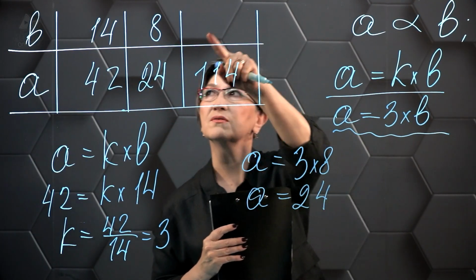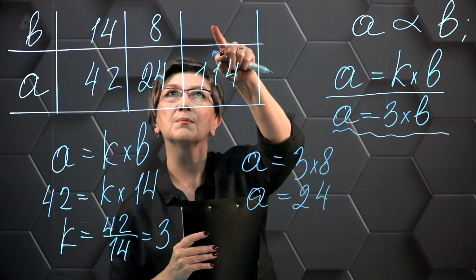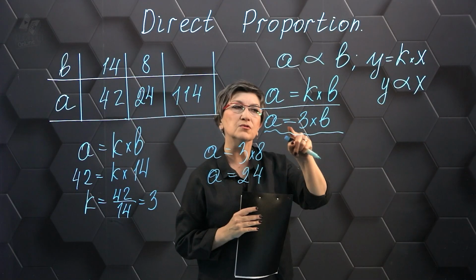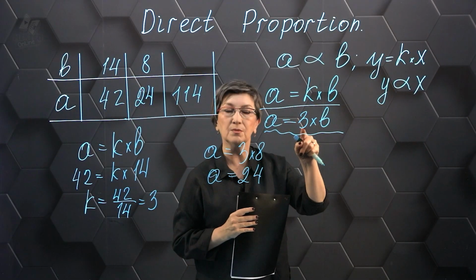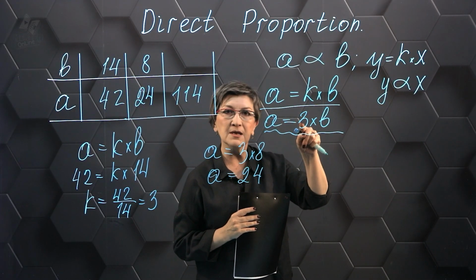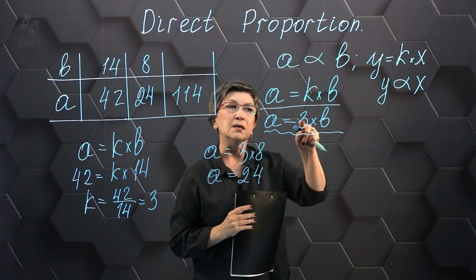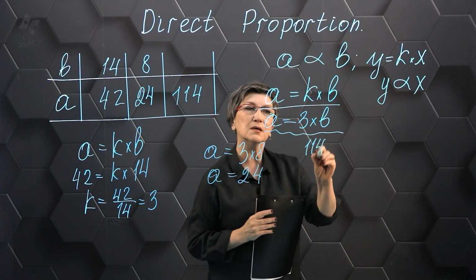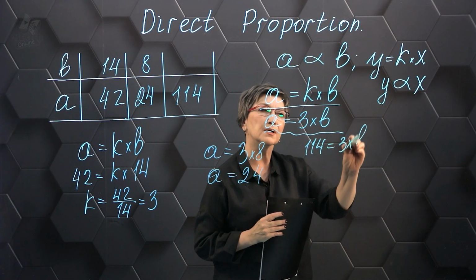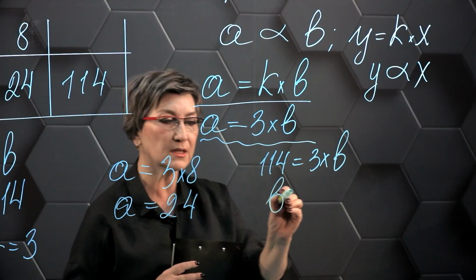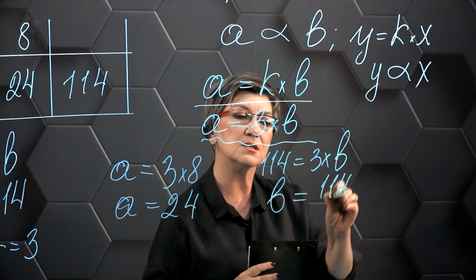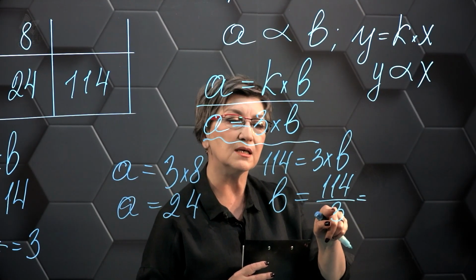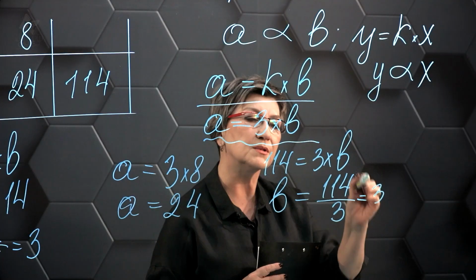And in the same way, you and I, to find the value of B, we'll use the same expression. A equals 3 times B. And the coefficient doesn't change. I'll write down, instead of A, 114, equals 3 times B. And then I can find B. B equals 114 divided by 3. 114 divided by 3 results in 38.